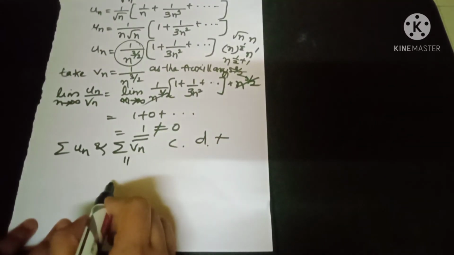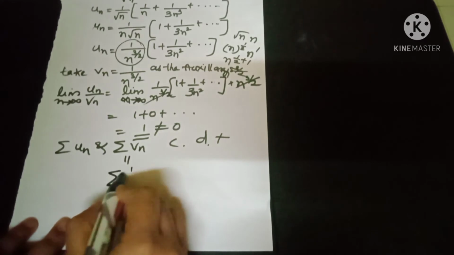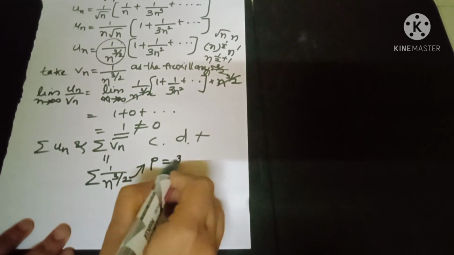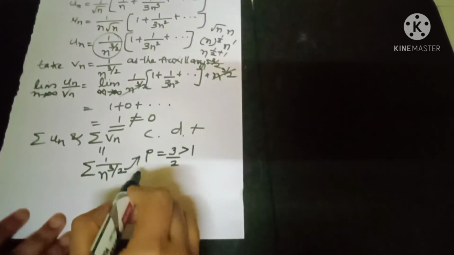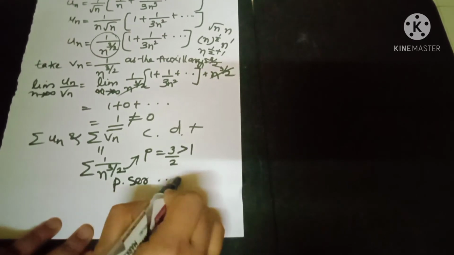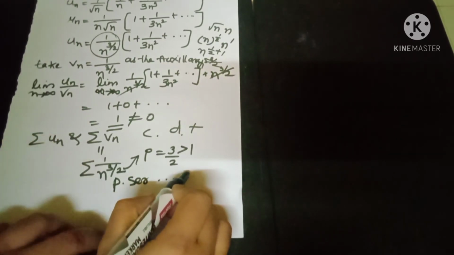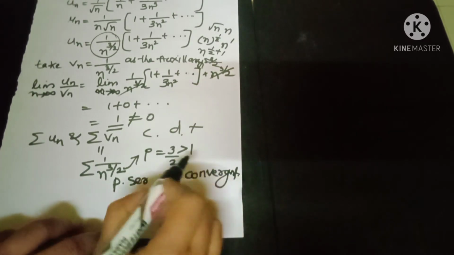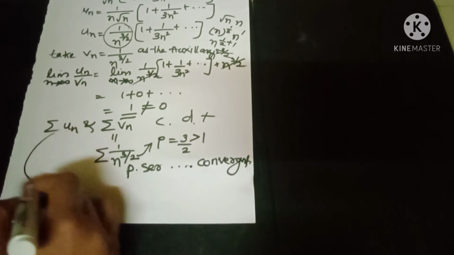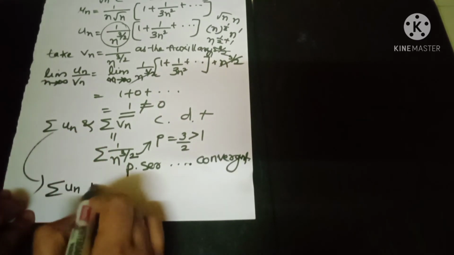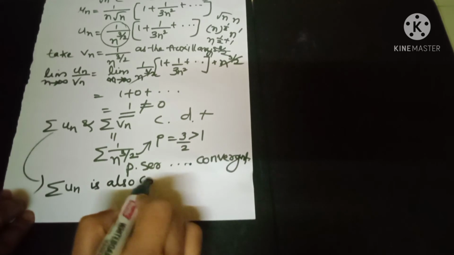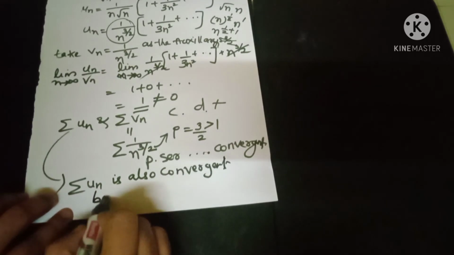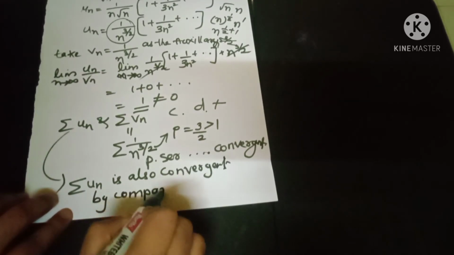But what happens to this series? This series is 1 by n to the power of 3 by 2, where p is equal to 3 by 2, which is greater than 1, and hence by the P series test we see that this series is convergent, and hence the given series sigma un is also convergent by comparison test.